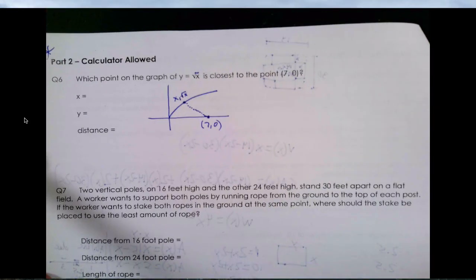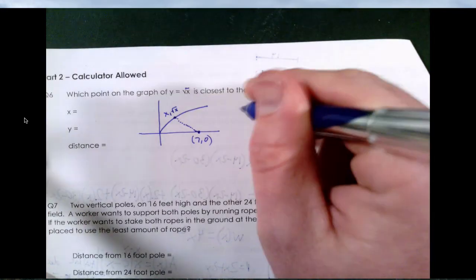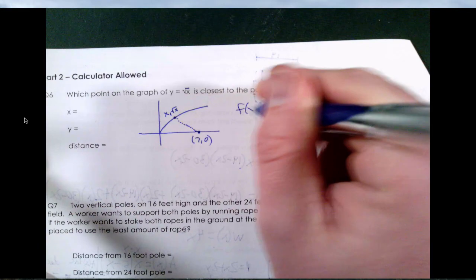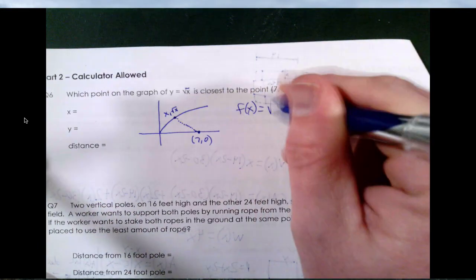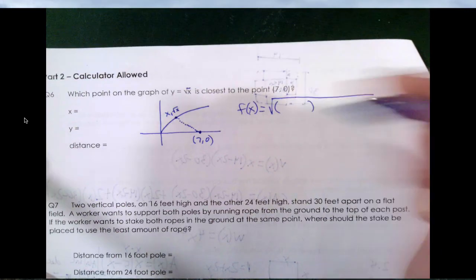Okay, so what we're going to do now is the distance formula between these two things. Okay, so the thing we're actually trying to maximize or minimize is going to be f of x equals square root. Okay, and we take the x values, subtract them.